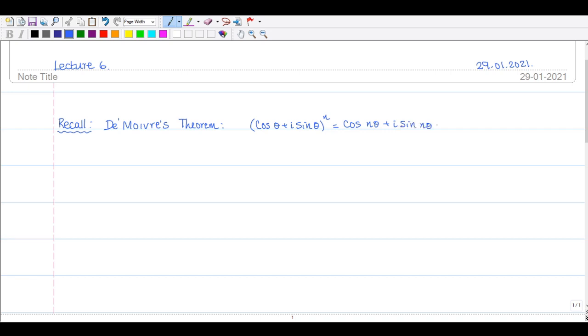So this is De Moivre's theorem. Okay, we call this De Moivre's theorem.